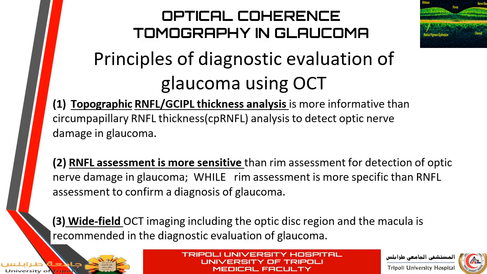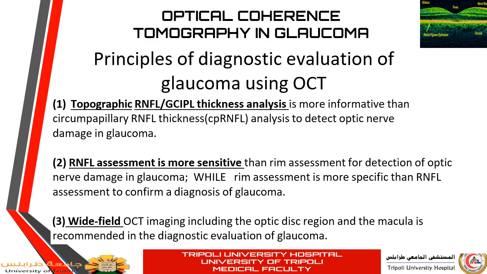They found that the topographic analysis of the retinal nerve fiber layer and the analysis of the GCIPL thickness are more informative than the circumpapillary retinal nerve fiber layer thickness analysis to detect optic nerve damage in glaucoma. So topographic analysis of the optic nerve is more informative than the circumpapillary retinal nerve fiber analysis.